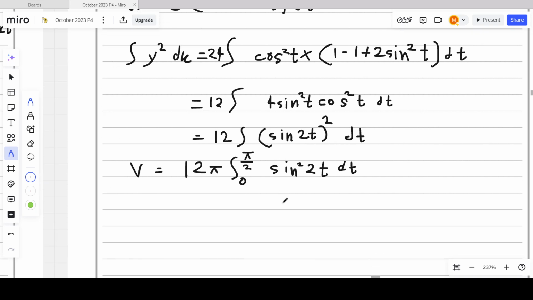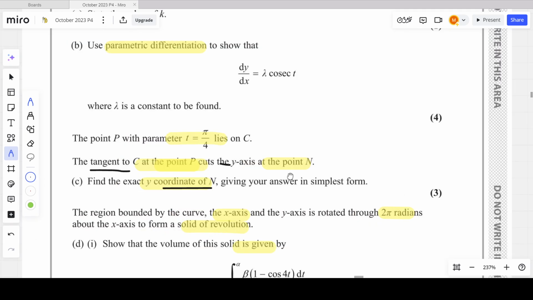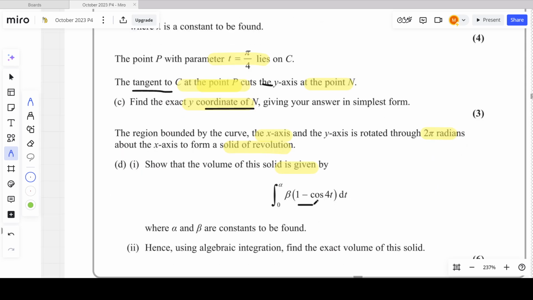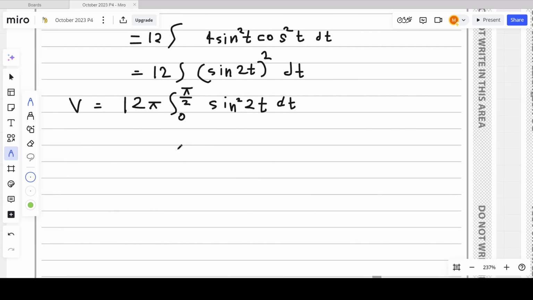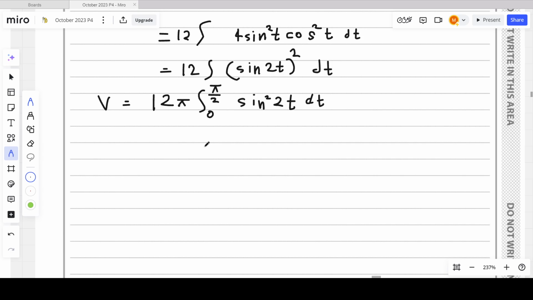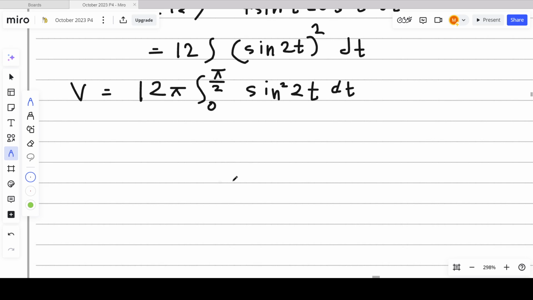Okay, so what we can do now is integrate sin squared. Let me see what we need to do. We need to represent sin squared 2t in terms of cos 4t. So how can we do that?